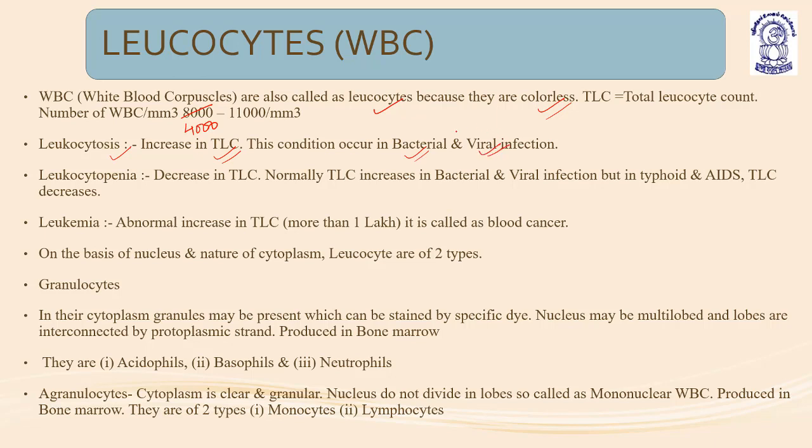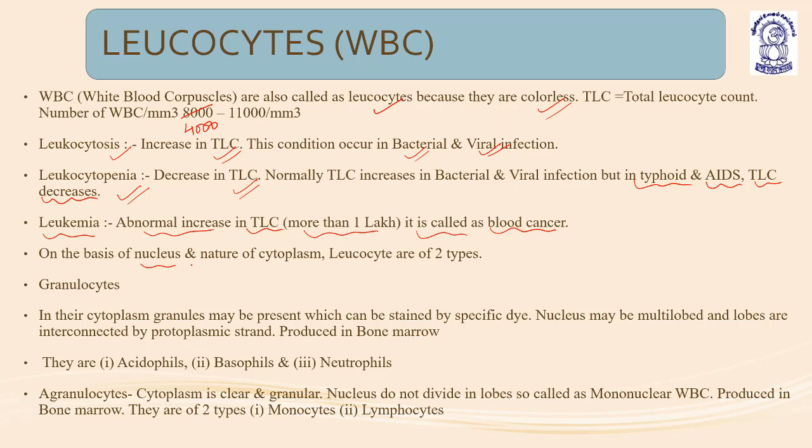Leukocytopenia is a decrease in TLC; in typhoid and AIDS, TLC decreases. Leukemia is an abnormal increase in TLC to more than 1 lakh, and it is called blood cancer.